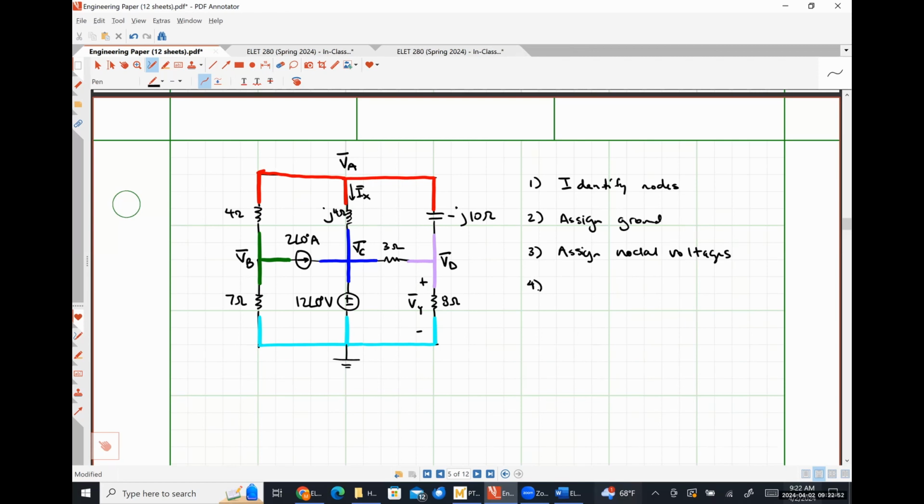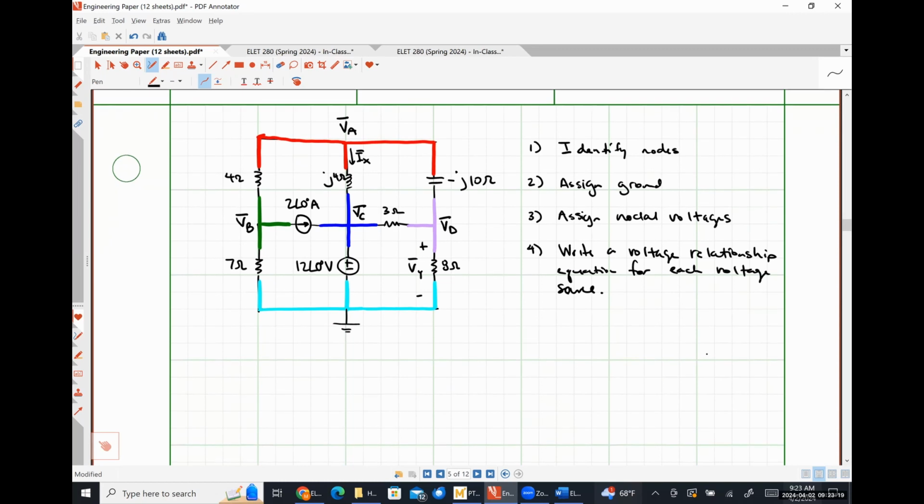So what I'm going to do now is write a voltage relationship equation for each voltage source. So I only have one voltage source.